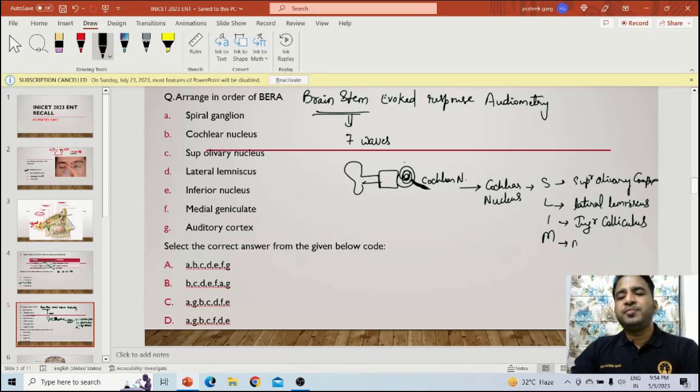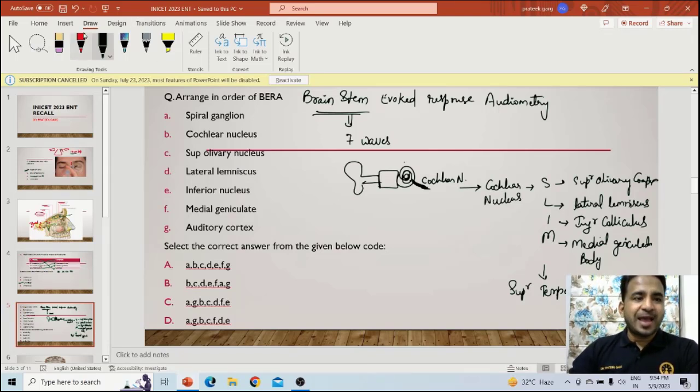And M stands for medial geniculate body. And from there, these fibers further go into the superior temporal gyrus, or we can say auditory cortex.